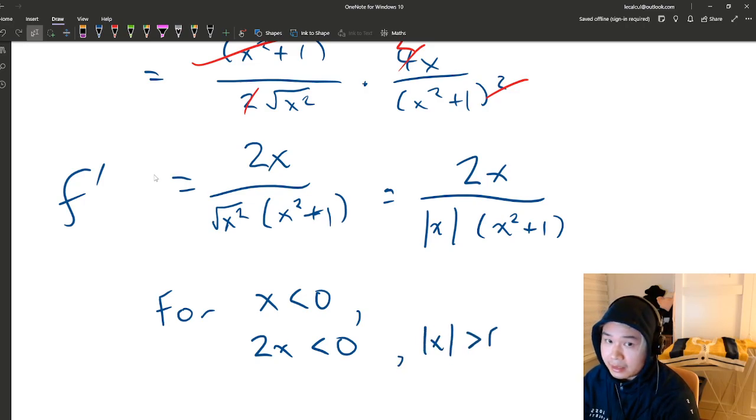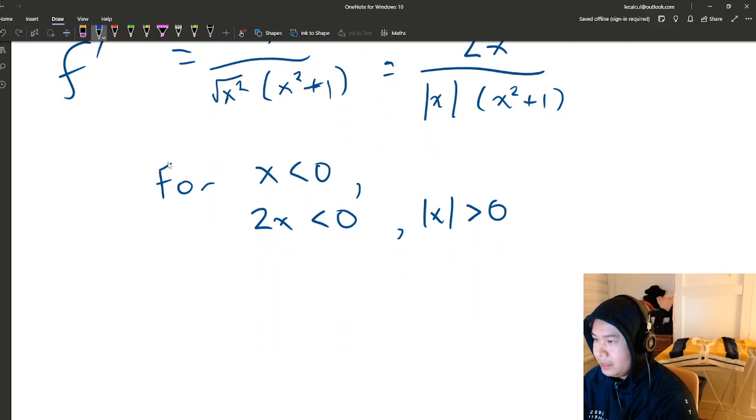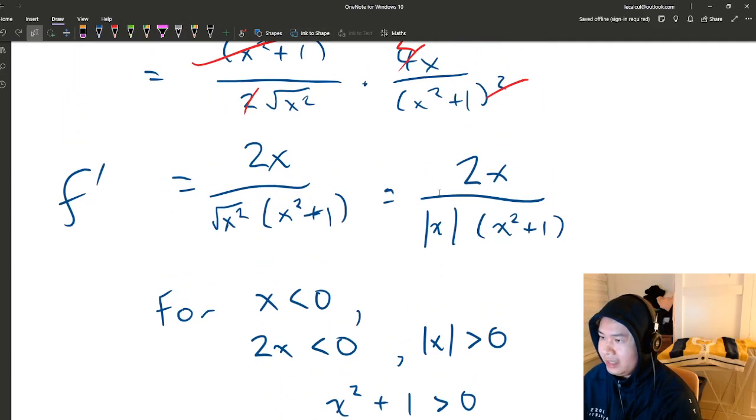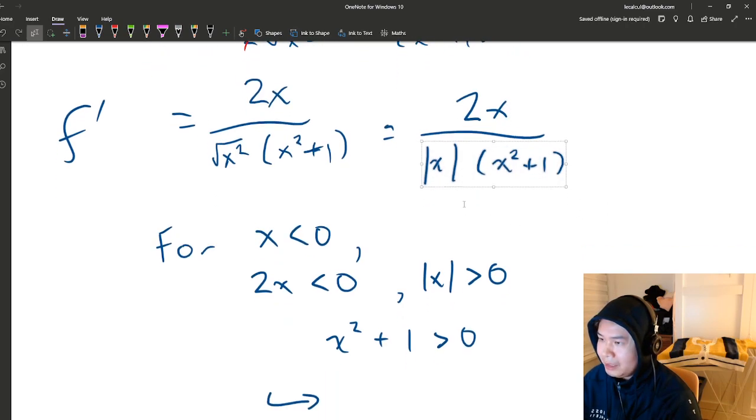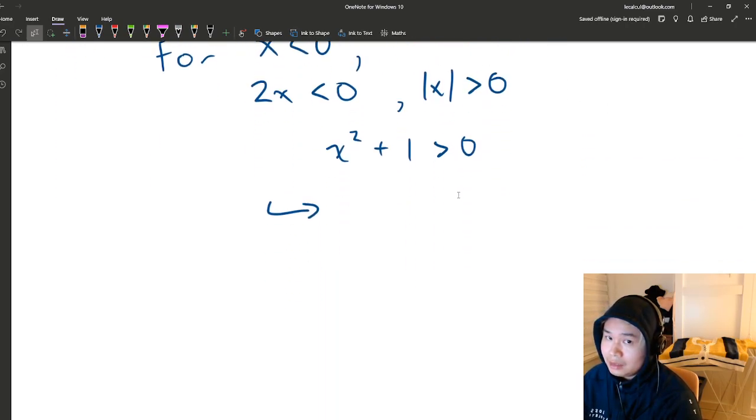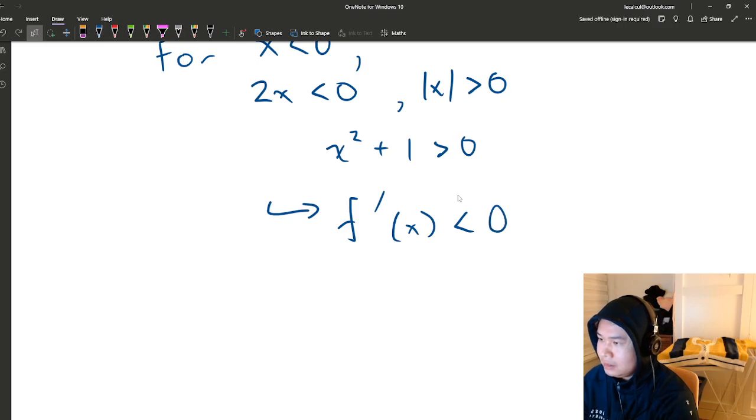The absolute value of x is always positive, and like I said earlier, x squared plus 1 is positive, so you essentially have a negative number divided by a positive number. So your derivative is always negative, i.e. f is decreasing.